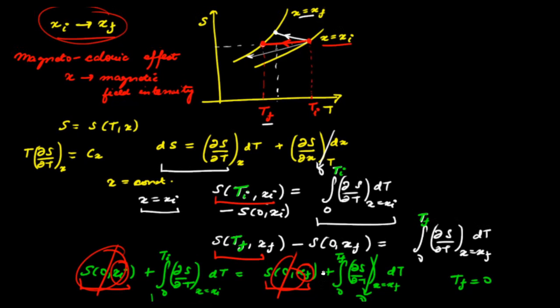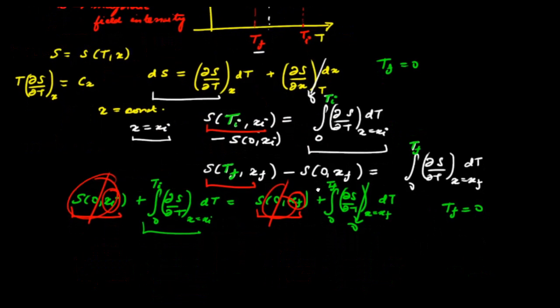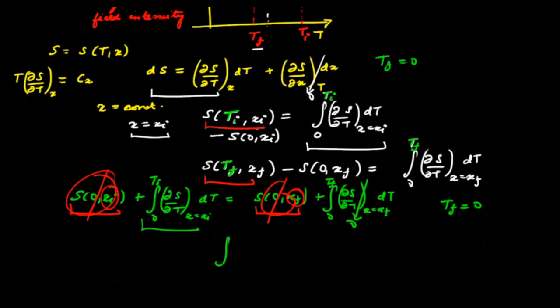So what we want to do is cool from initial temperature Ti to the final temperature, that is absolute 0. That's why we have set Tf to be 0. So this gives us the integral from 0 to Ti of del S by del T equal to 0, where Ti is the initial temperature of the system from which we are trying to attain absolute 0, and Ti is a finite temperature.